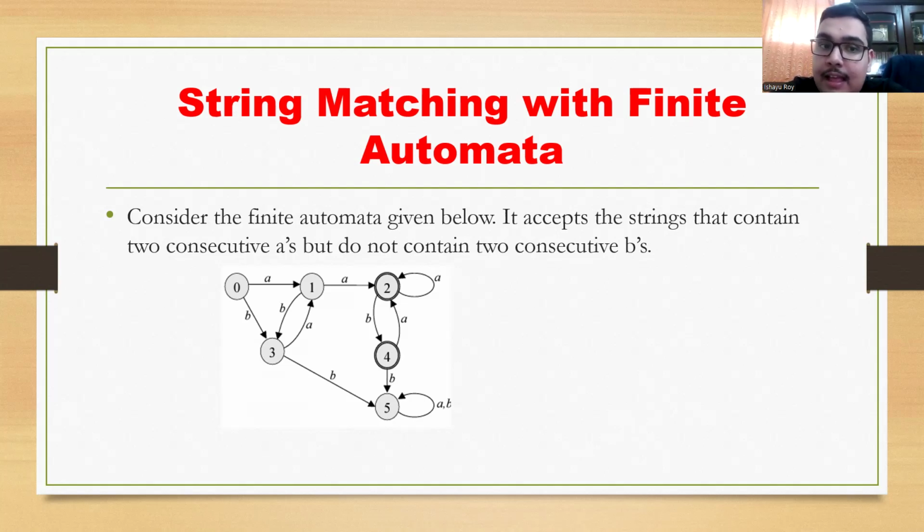Similarly, after getting a single A from the starting point 0 and moving to 1, if we get a B, we can just come back to 3 because it will check for the double B next. Now from 3, if you don't get an A, you get a B. And from that B, you move on to state 5, and basically you are done with two consecutive B's. So your string can never get accepted. And again, in state 5, A or B, whatever comes next, cannot lead a string to get accepted. So it stays in state 5 itself.